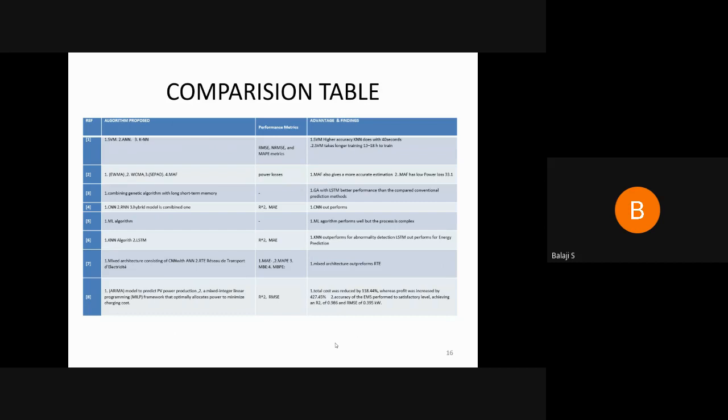Reference 3 combines a genetic algorithm with LSTM. Advantage: GA with LSTM performs better than the compared conventional schemes. Reference 4 is CNN with RNN and hybrid models. CNN was outperforming. Reference 5 proposed various ML algorithms.